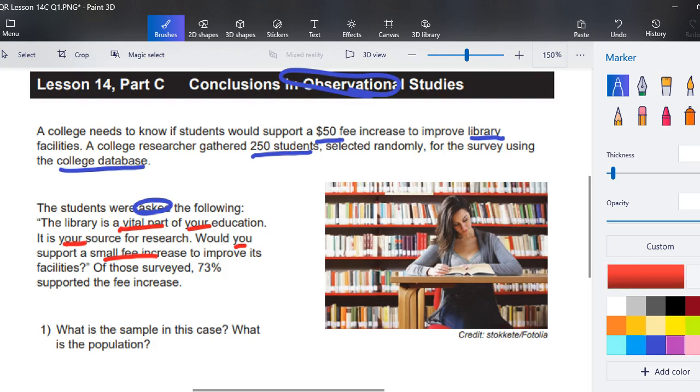Of those surveyed with that question, 73% supported the fee increase. Question number 1, what is the sample in this case, and what is the population? Looking at all the information that's been given to us, the sample would be the 250 students who were surveyed. The population would be all of the students at this particular college.